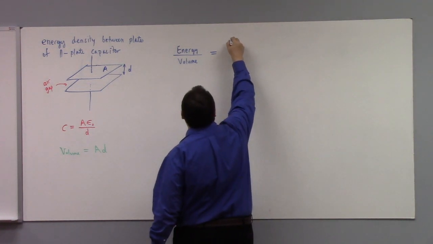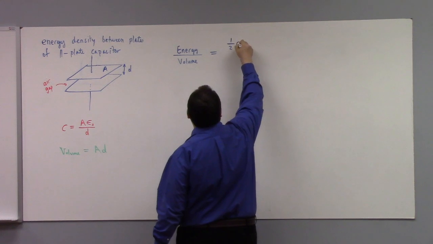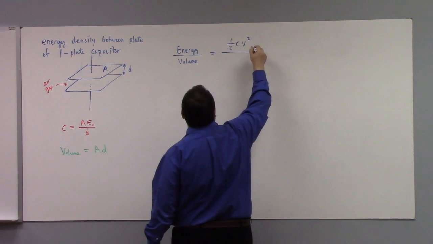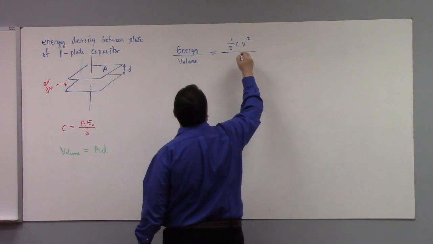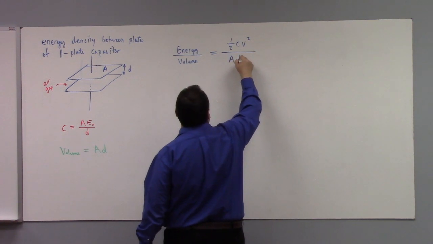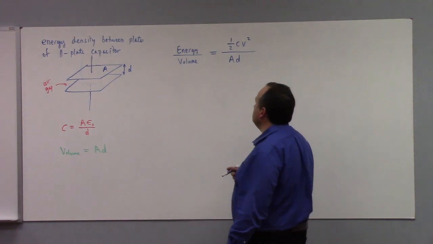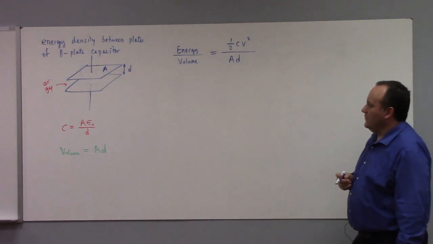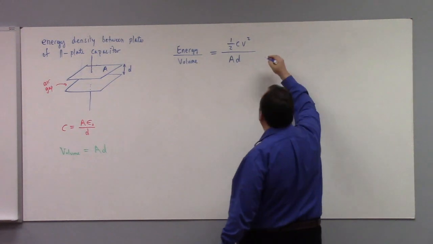I'll go with the 1/2 CV squared formula, just because I'm going to make a choice. And the volume is AD, right? We know the capacitance is A epsilon naught over D.